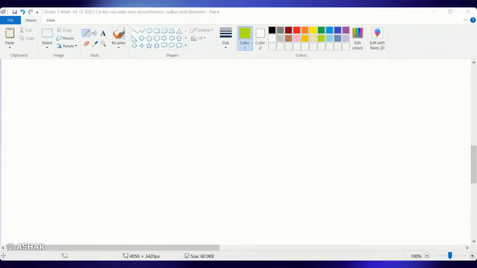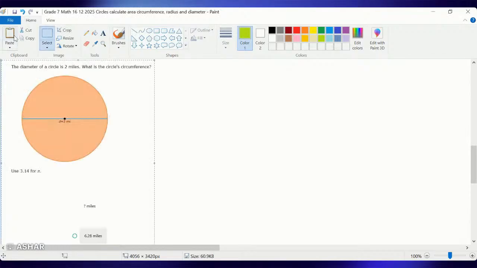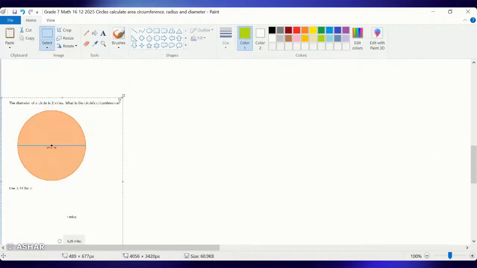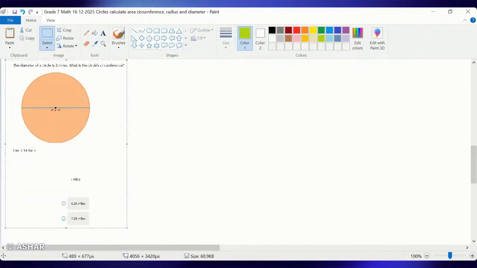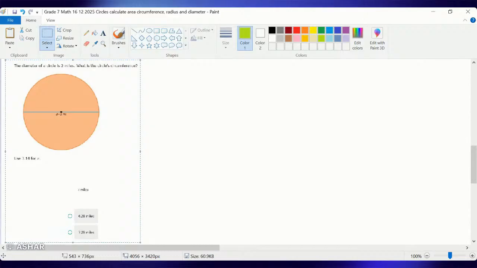Okay, I'll do it again. The question says, I'll write down what's needed. The diameter is 2 miles. The diameter is given as 2 miles to us.